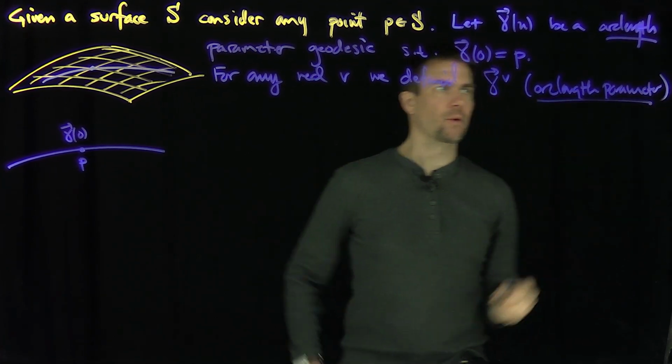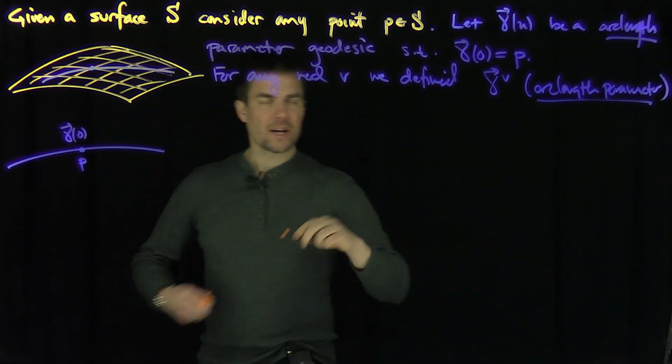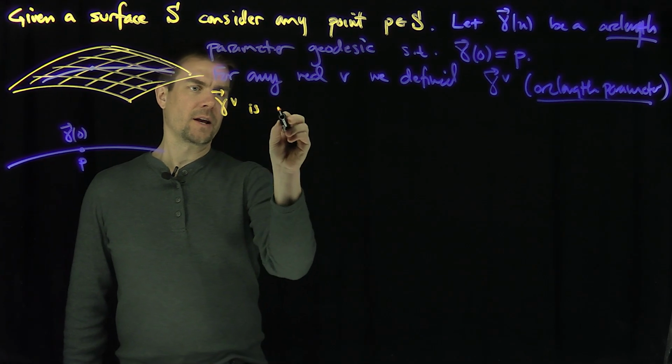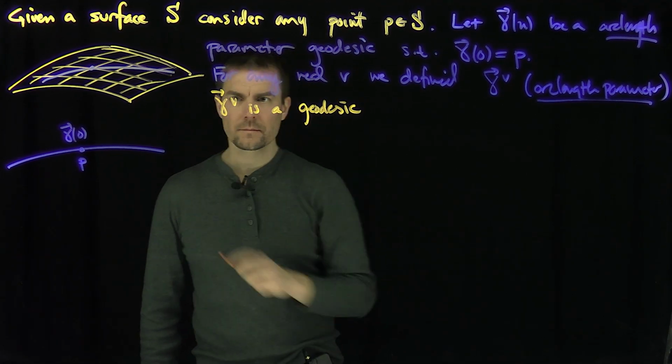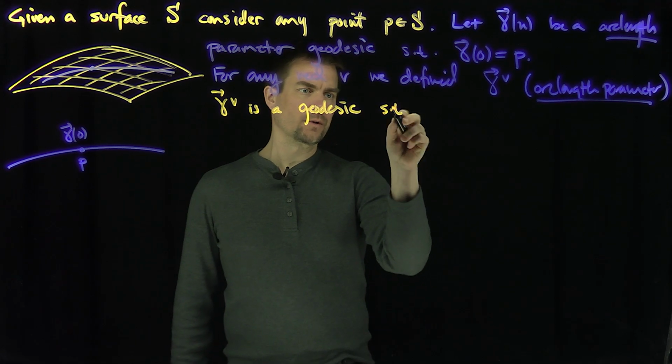Okay, again that's important. So you have another curve, arc length parameter. And what is this going to be? So gamma v is a geodesic such that two things are true.